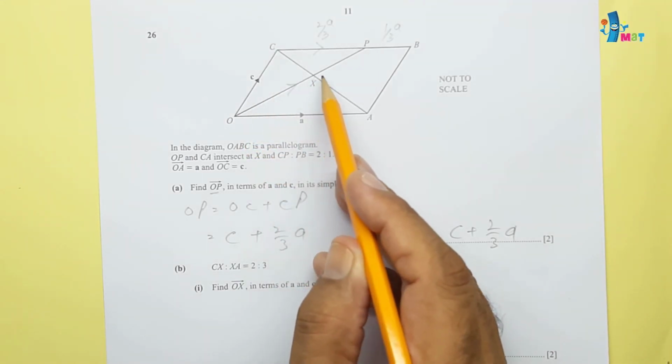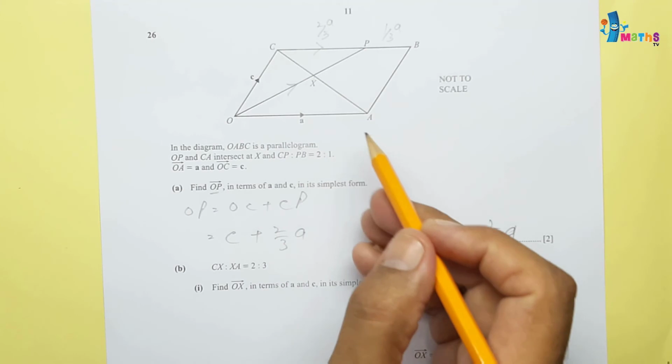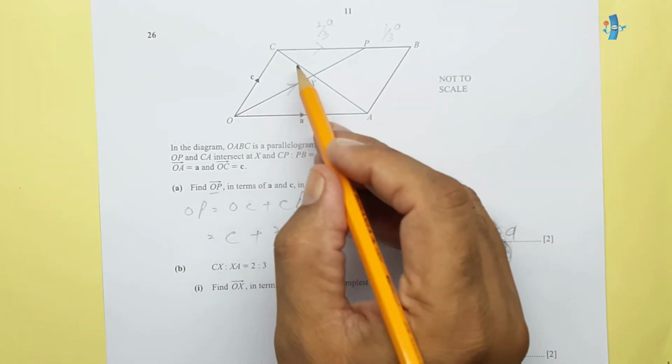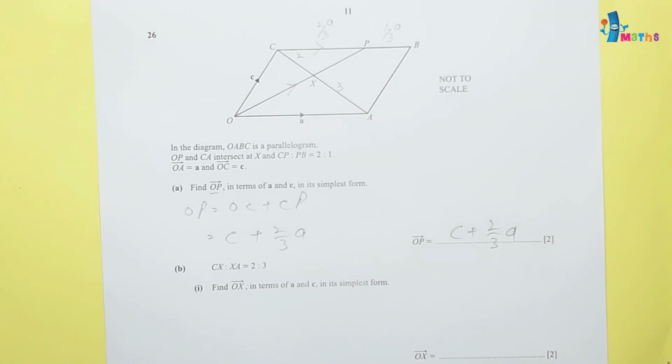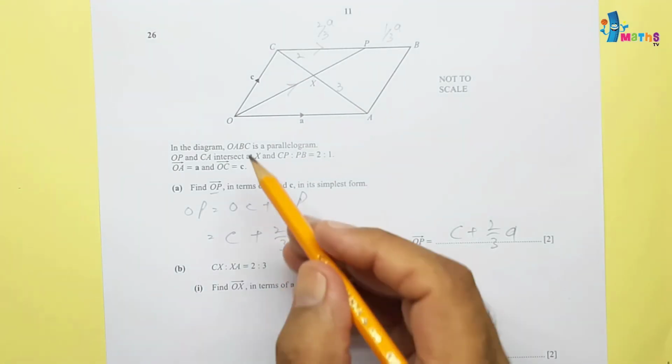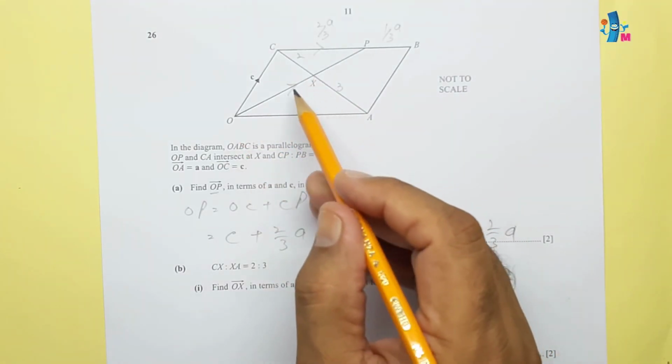CX ratio XA is 2 ratio 3. So this will be 2 and this will be 3. Now find OX. OX we have to find.